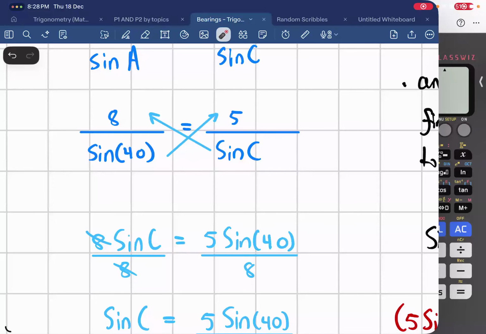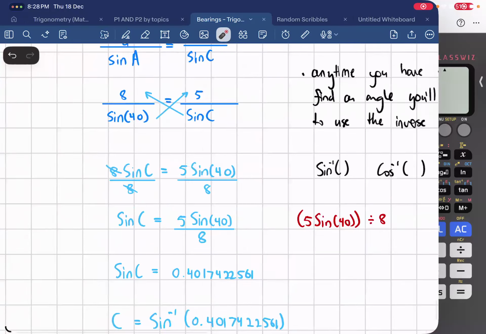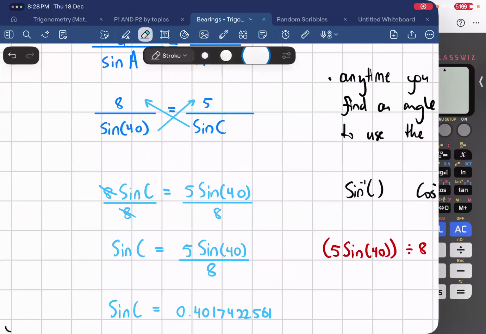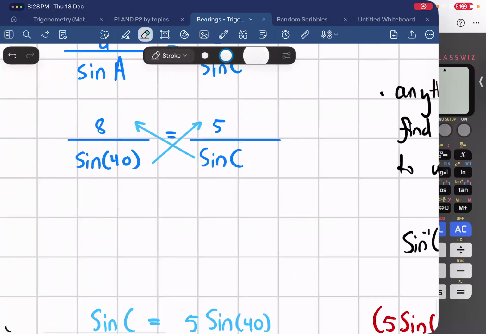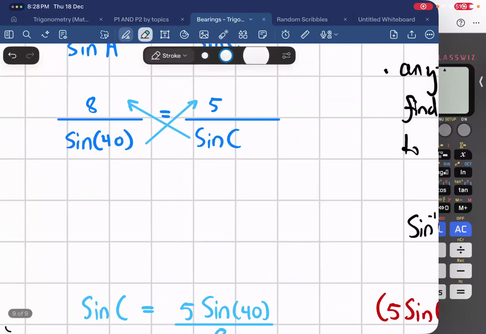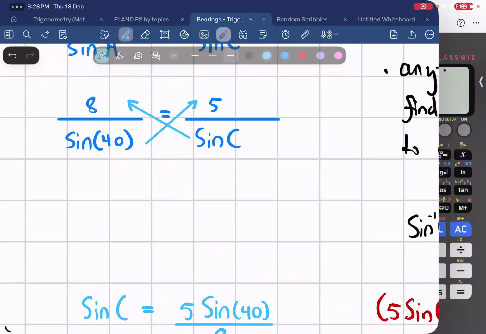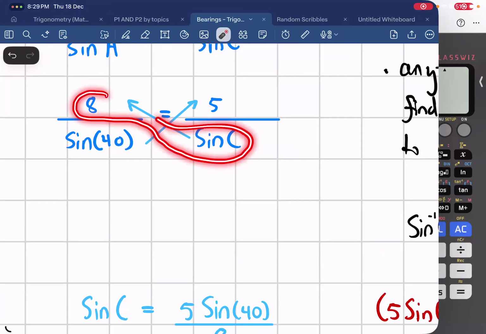I just want to query something. The denominators have to be the same, right? Wait, I think I know what's confusing you. Let's go back from this line to the next line. We're going to multiply this out.